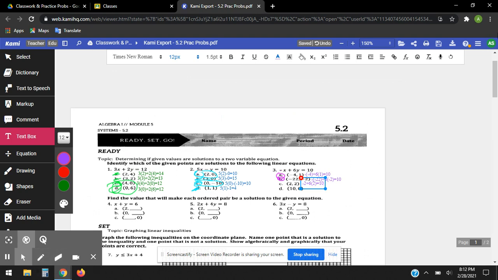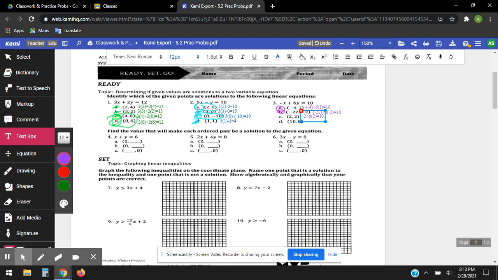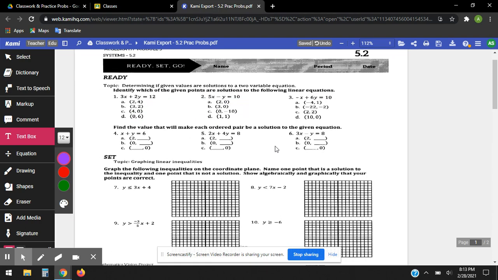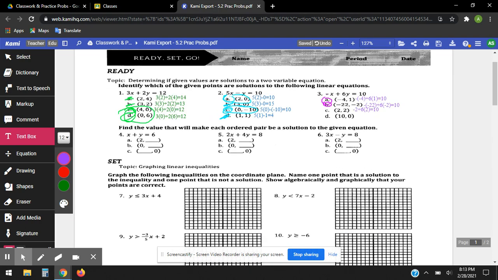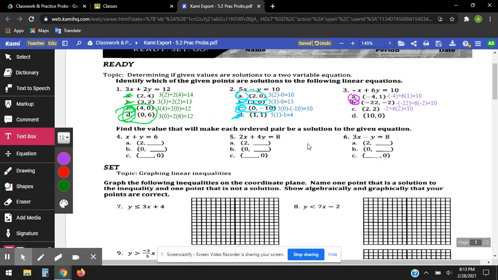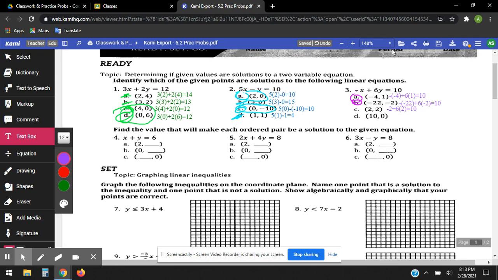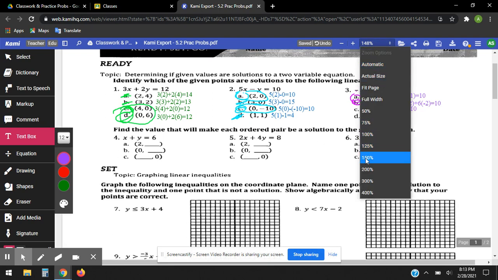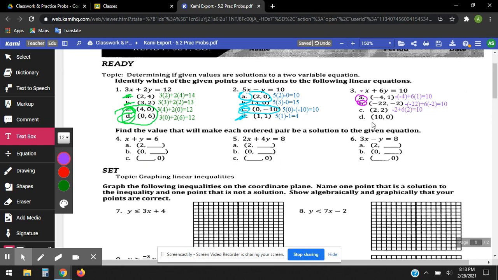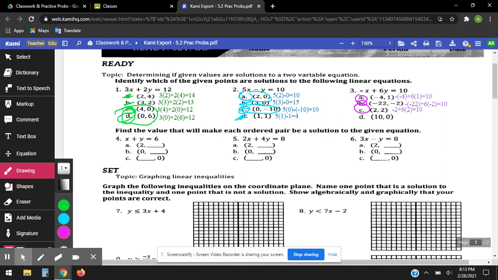Something happened. Zoom back in a little bit. Okay, that works. And so C works.